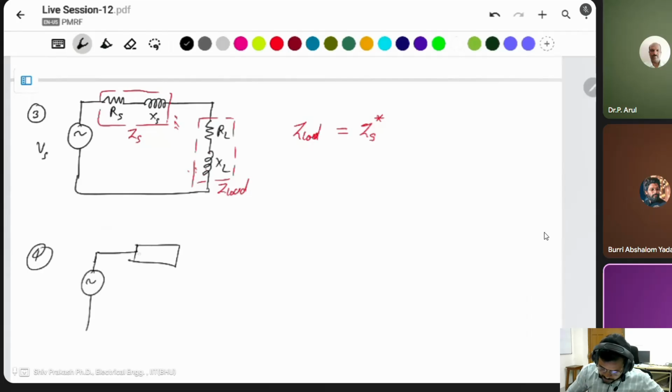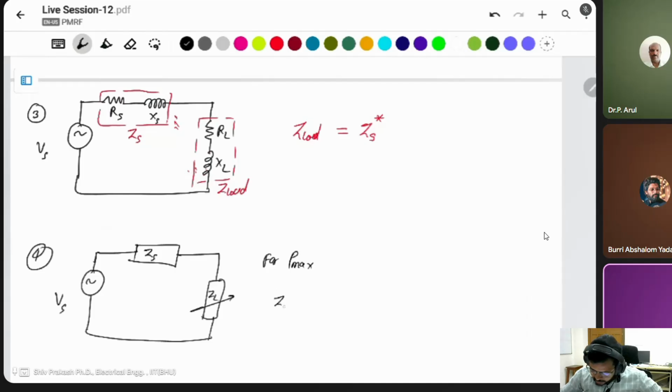If only impedance is mentioned as ZS and this is ZL, for P maximum, in this case, if this one is varying, then ZL should be equal to the ZS conjugate, for the maximum power transfer. If ZL is not mentioned, what is ZL, an RL load or an RC load?